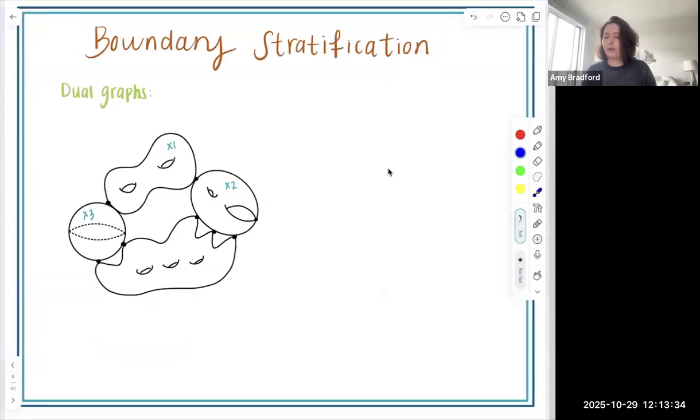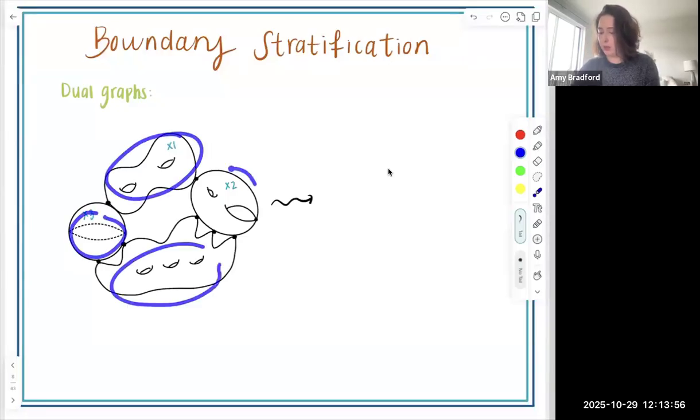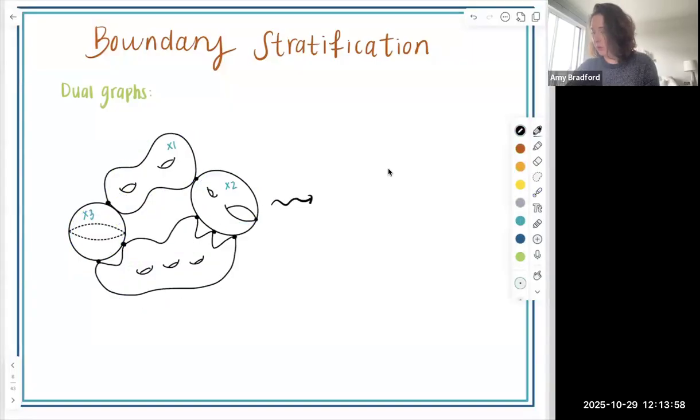If I hand you a nodal curve, I can obtain some combinatorial data about that curve that just encodes the topology of it. The way that we do that is we associate a graph to one of these nodal curves, one of these stable curves. So how do we do that? Well, for every connected component, I'm going to assign a vertex.